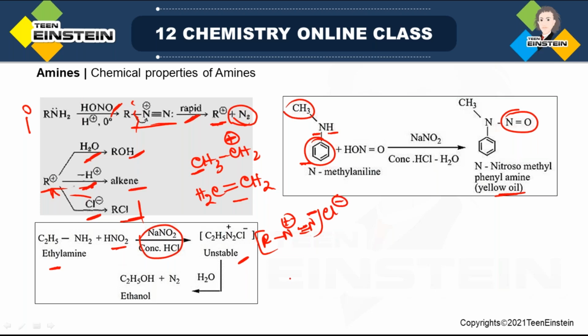So C2H5N2 plus, which is alkyl diazonium salt, is not very stable because immediately N2 is removed. And as you are using water, remember according to the first observation, when you treat alkyl diazonium salt with water, finally you end up with alcohol. So that is why here we are getting ethanol, which is the final product.